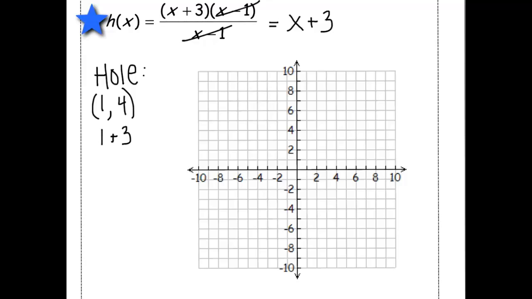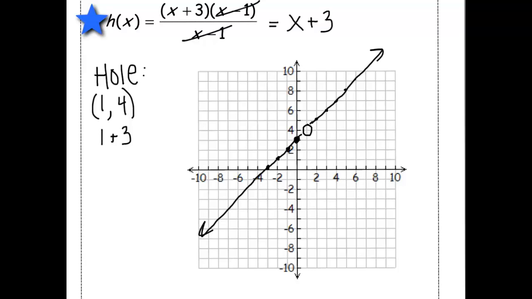That's just a line with slope 1 and y-intercept 3. I can actually plot those points. If our slope is 1, I know that we have just a line. But don't forget, there is a hole at (1, 4). So instead of putting the point there, I'm going to plot a hole, an open circle.